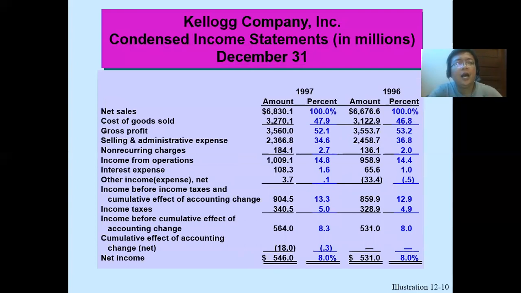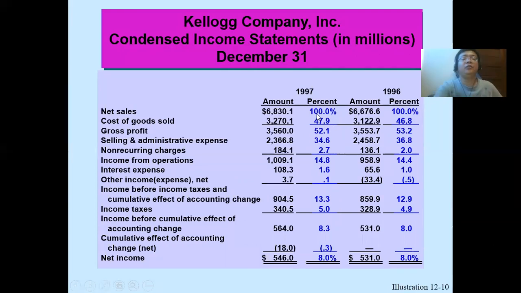Same. In the balance sheet, what is your denominator? Net sales. Sorry, assets. In the income statement, your denominator is always your net sales. So how is it done? 1997, 6270.1 divided by 6830.1, you have 47.9.